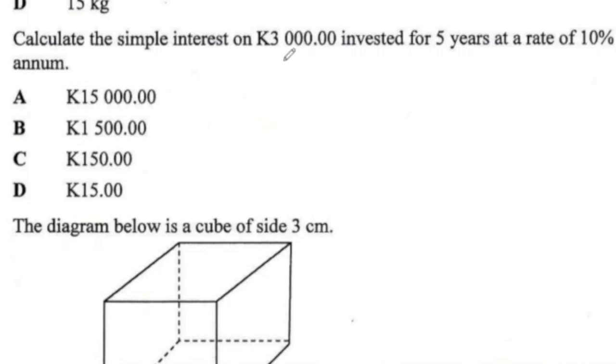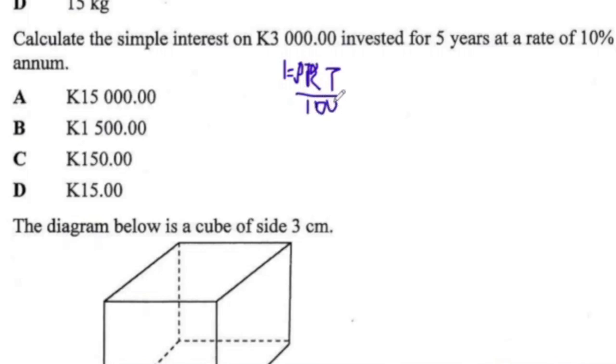The formula for interest is I is equal to, what is the value of I? Principal times rate, represented by R, then times time, over 100.